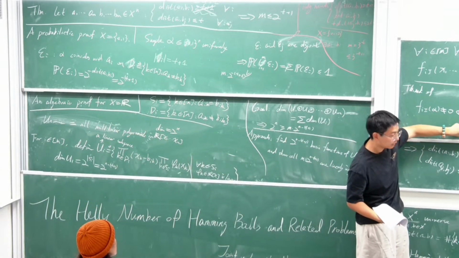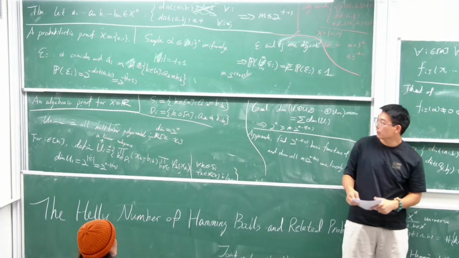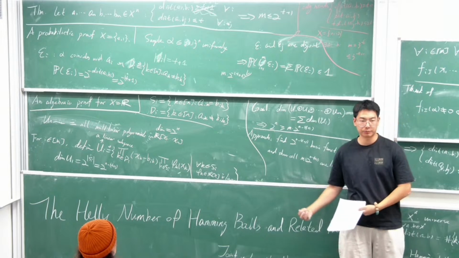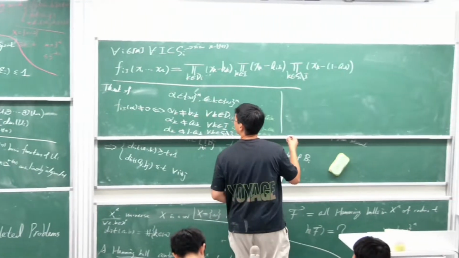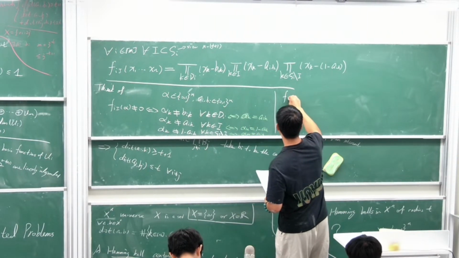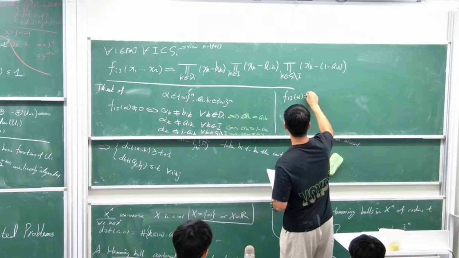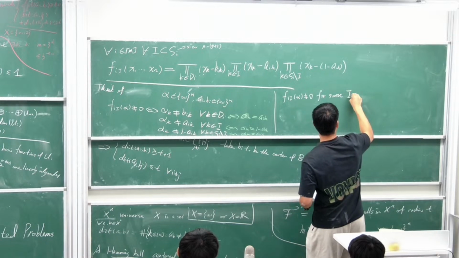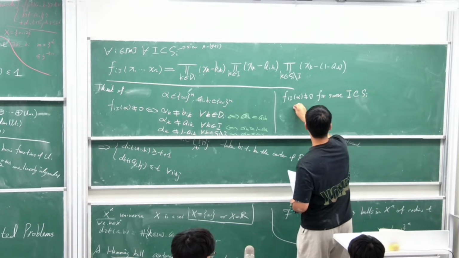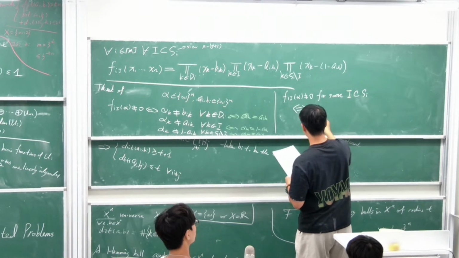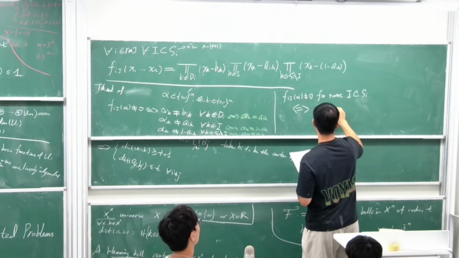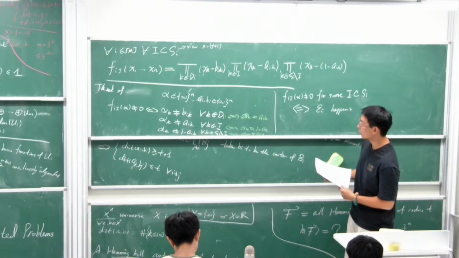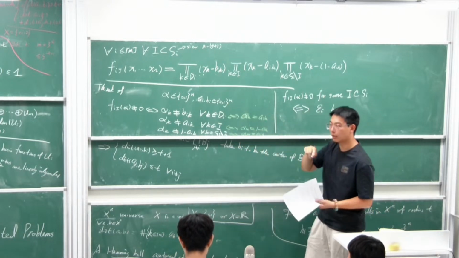On the second and third, it enumerates which bits alpha is the same as a_i and which bits alpha is different from a_i. So f_I,i(alpha) is not equal to 0 for some I that is a subset of S is equivalent to E_i happening, given that alpha, a_i, b_i are binary.